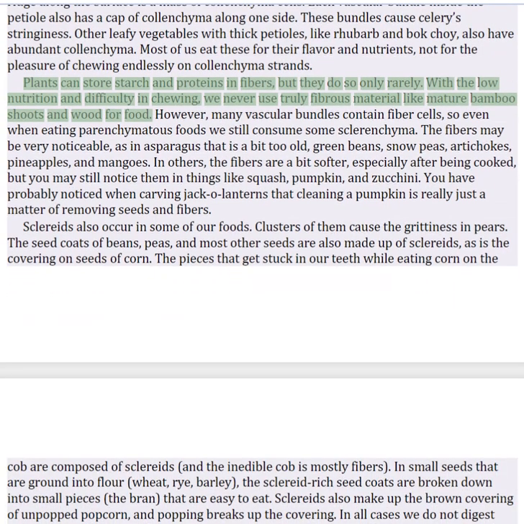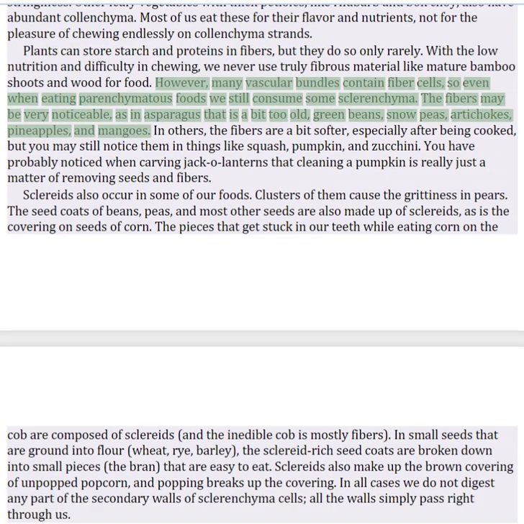Plants can store starch and proteins in fibers, but they do so only rarely. With the low nutrition and difficulty in chewing, we never use truly fibrous material like mature bamboo shoots and wood for food. However, many vascular bundles contain fiber cells, so even when eating parenchyma foods we still consume some sclerenchyma.